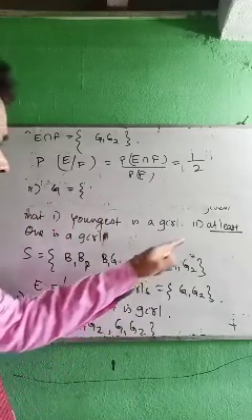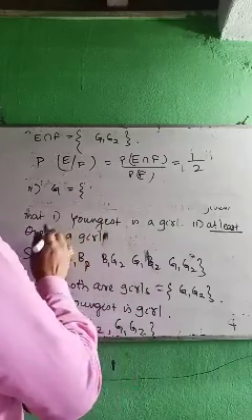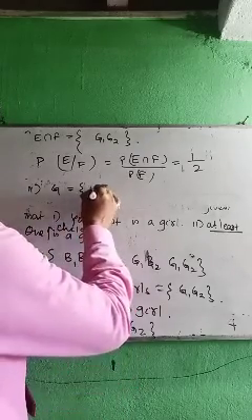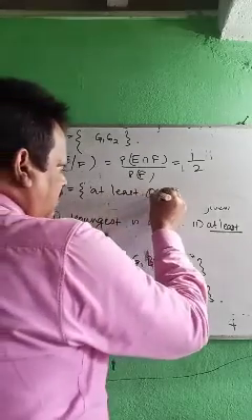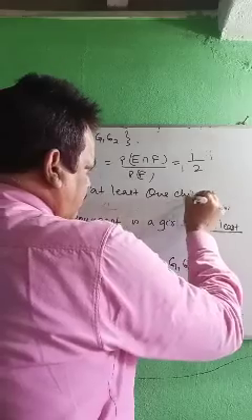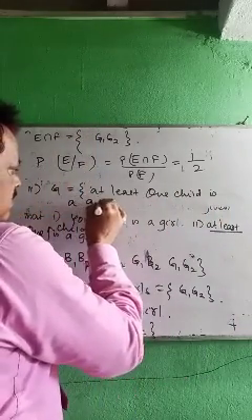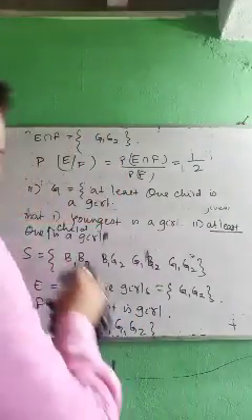Second condition, suppose this is G, that is at least one child is a girl. How to find?